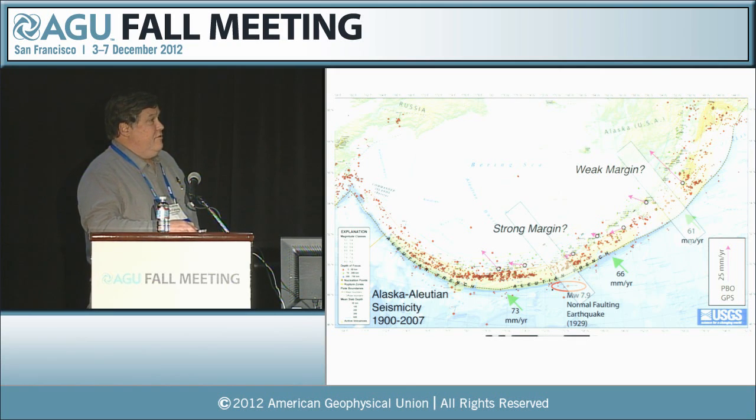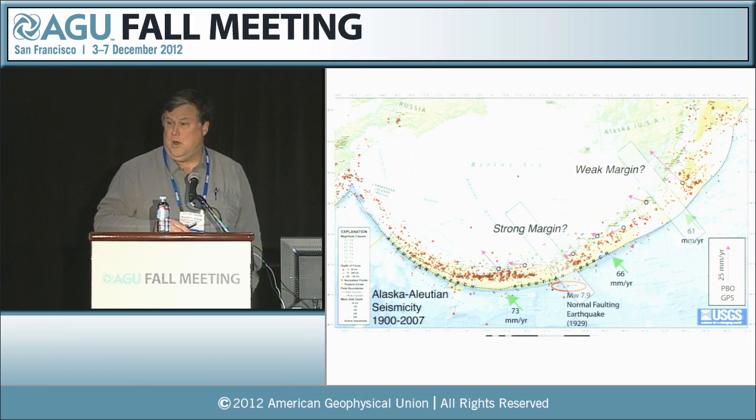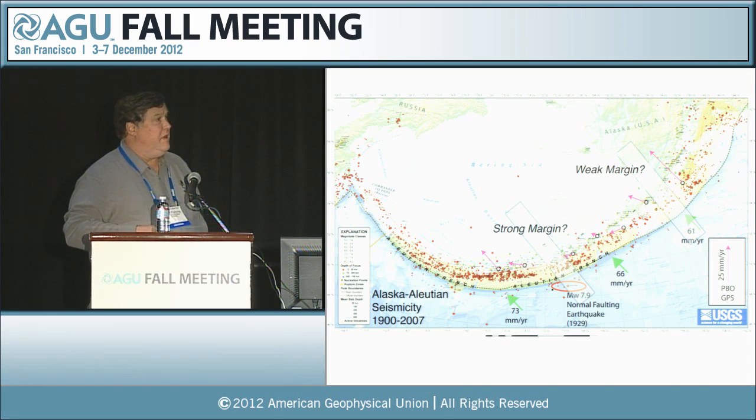As we get out into the central Aleutians here, the GPS on the islands, which are a little bit further back from the trench, show relatively small amounts of interseismic displacements. Now, in a simple model, one might interpret that to mean relatively low coupling along this interface, and that may be part of what's going on.